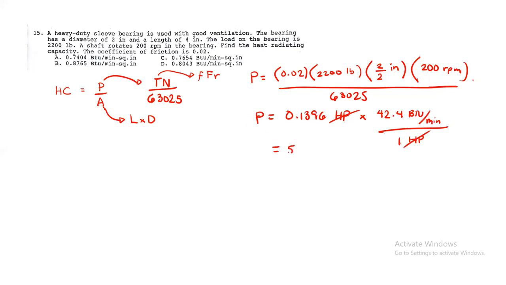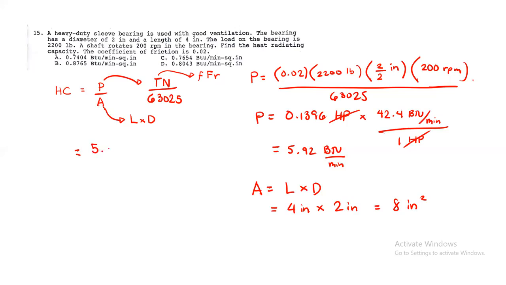So, 5.92 BTU per minute. Then, area naman is equal to length times diameter. Ilan yung length natin? 4 inches times diameter na 2 inches. So, 8 inches squared.